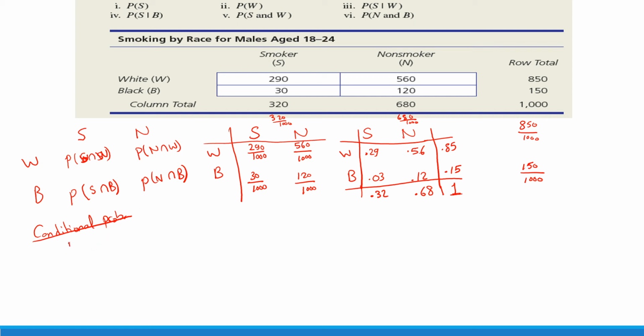To apply the rule, the probability that he is a smoker given he is white equals the probability that he is a smoker and white divided by the probability that he is white.